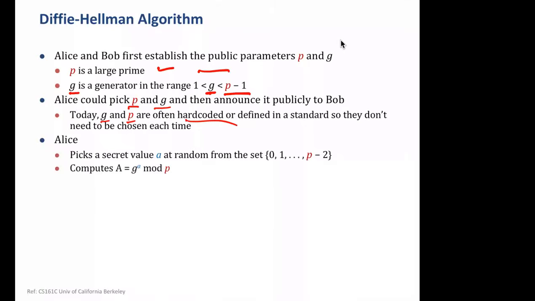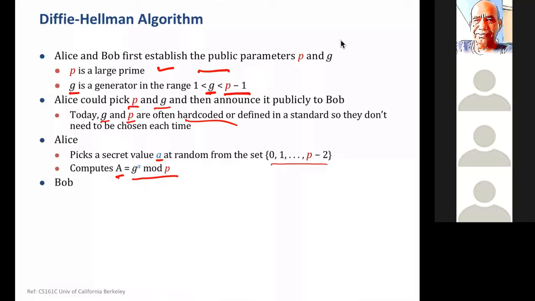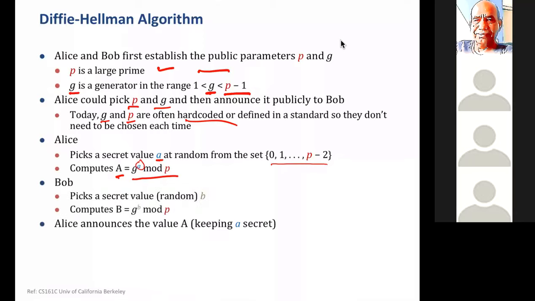All right. So now Alice picks a random secret value a between 0 and P minus 2 and computes A equal to G raised to the power a mod P. Note that here capital A is the public key of Alice and small a is the private key.